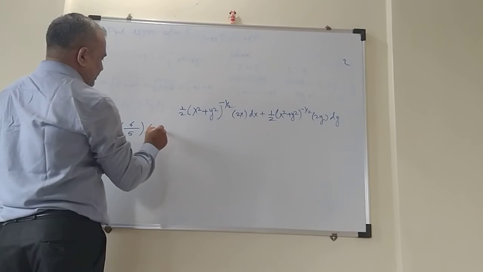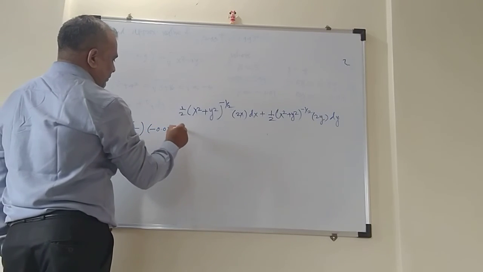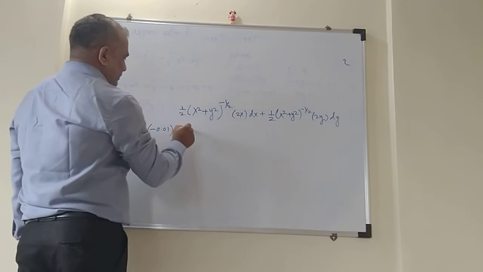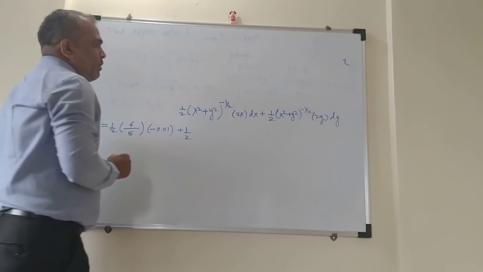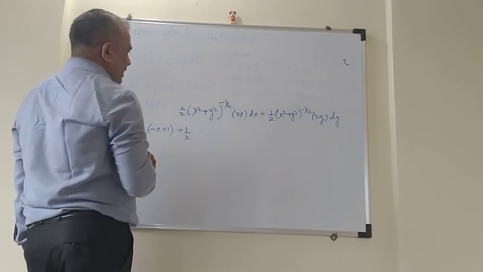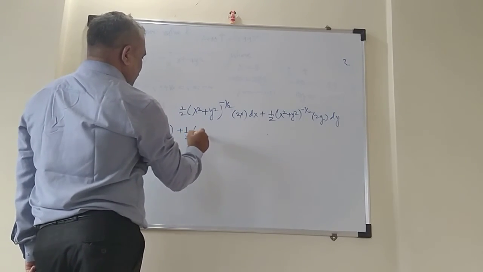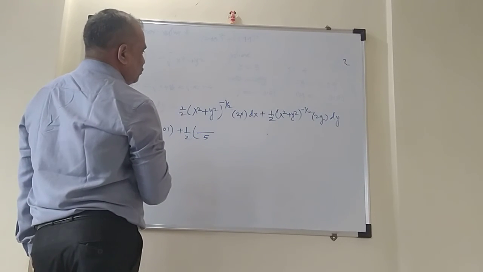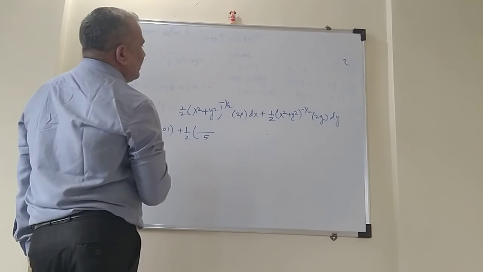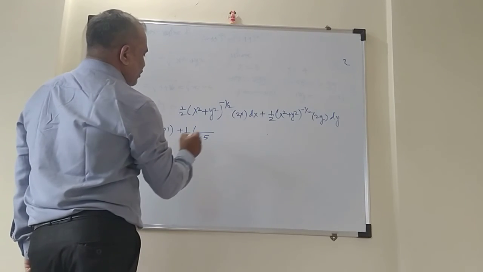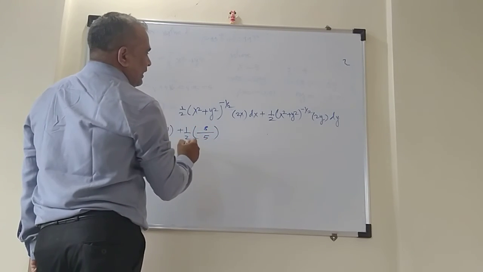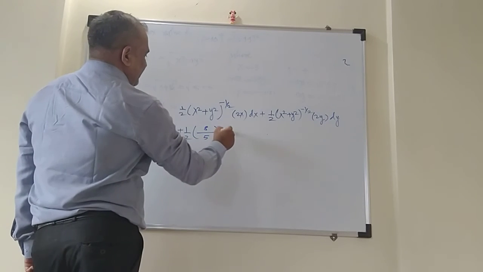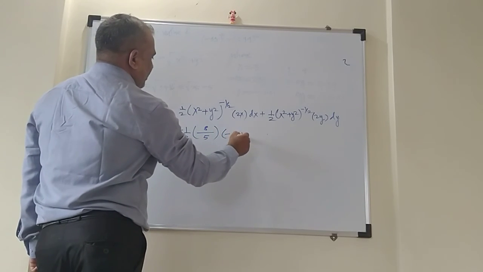Dx will be minus 0.01, plus 1/2 times 1 over square root of x square plus y square, that will be 1/5 and 2y, where 2y is 2 into 4, that means 8, into dy, which is minus 0.01.